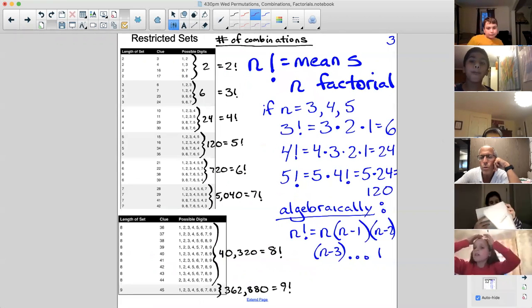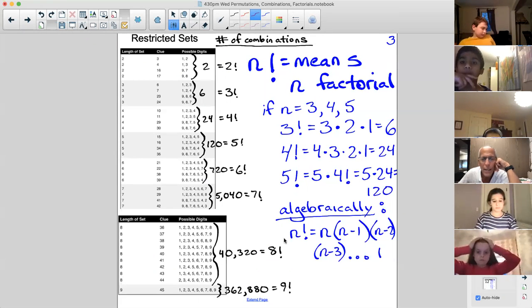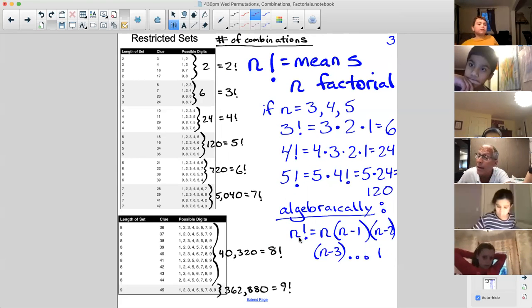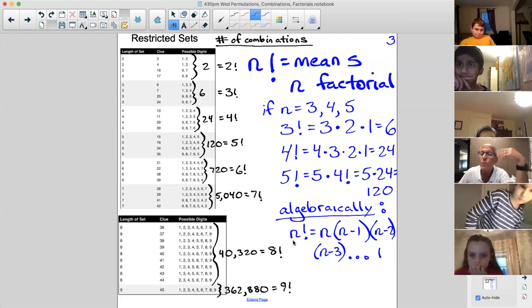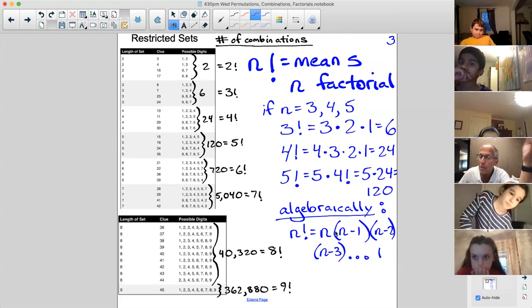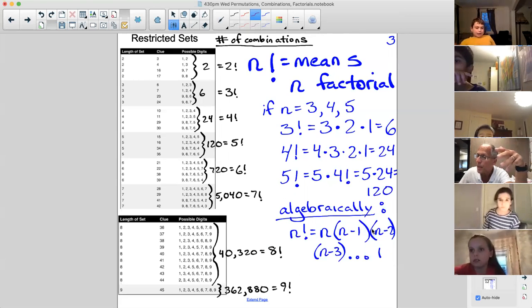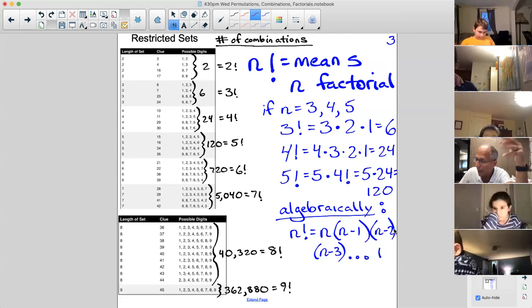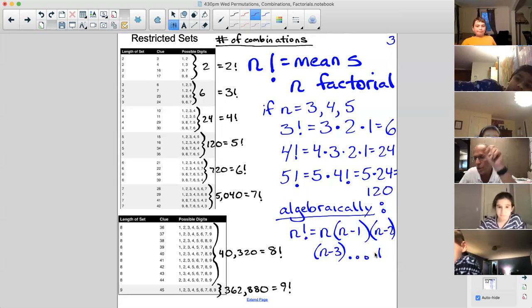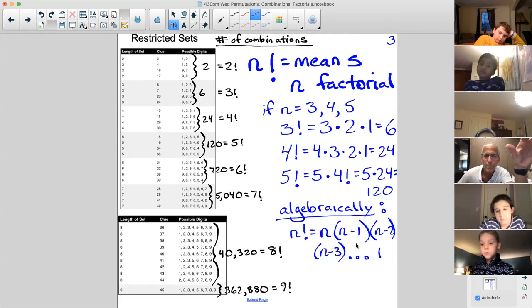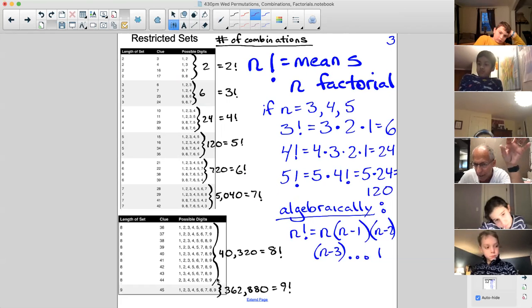And for those of you who love algebra, you can actually think of it as any number n, factorial, which would be that number, like 9, times the number before it, n minus 1, like 8, and then times the number before it, n minus 2, which would be 7, until you went all the way down to the number 1. But that will come later. It is so much fun to think of all the different permutations.